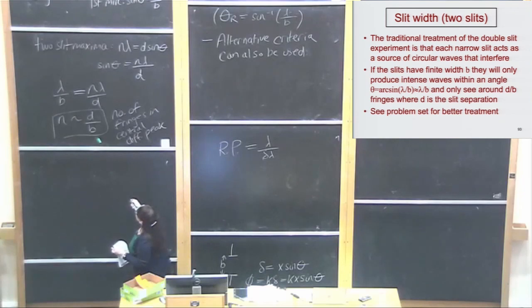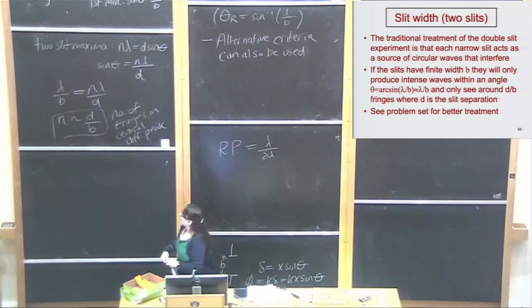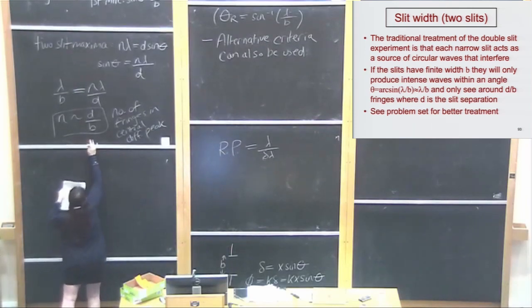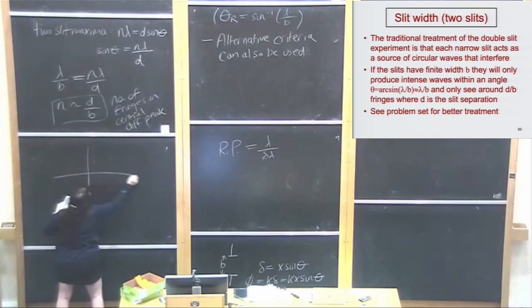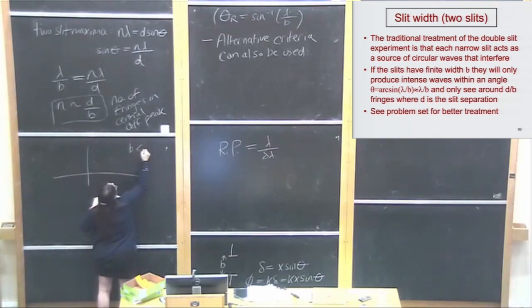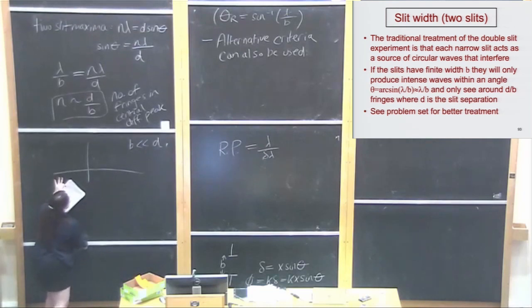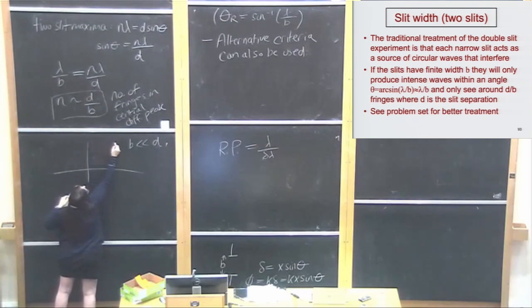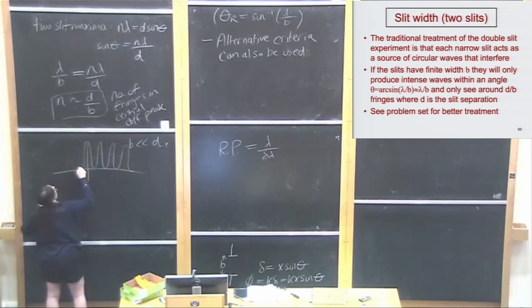If you've got a very, very narrow slit width, then you will see many, many fringes. And what's actually happening there is that you're reducing essentially to something much more like the ideal case. So if b is much, much less than d, the slit width is much, much less than the slit separation, your single slit diffraction pattern is very, very broad, right? And so you end up with something looking much more like the ideal case.